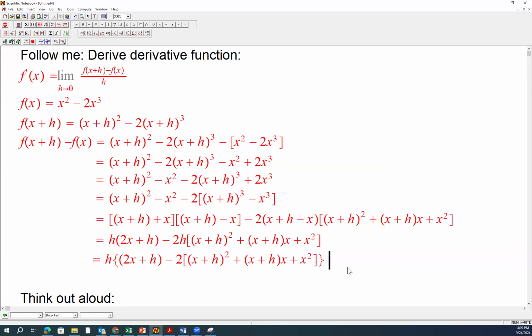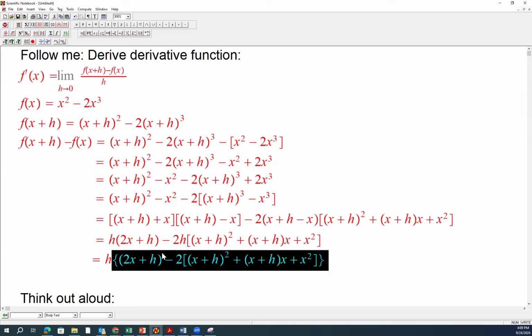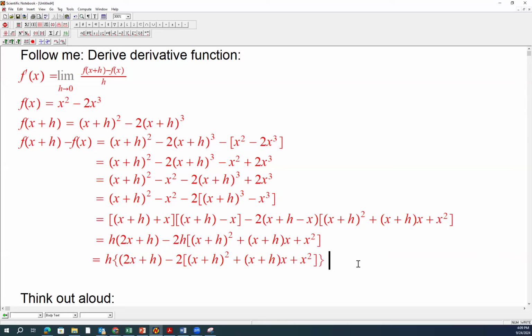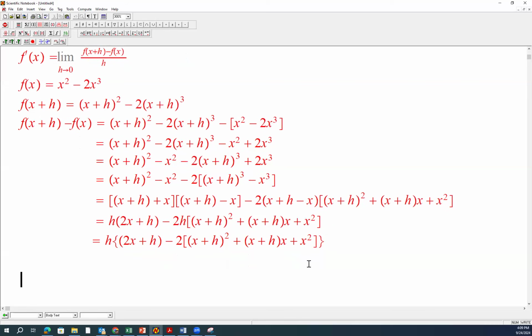Boom. Okay, but I have this h out. Do I need to FOIL all of these? It's not necessary. But you can do it. Nobody stops you from doing it.